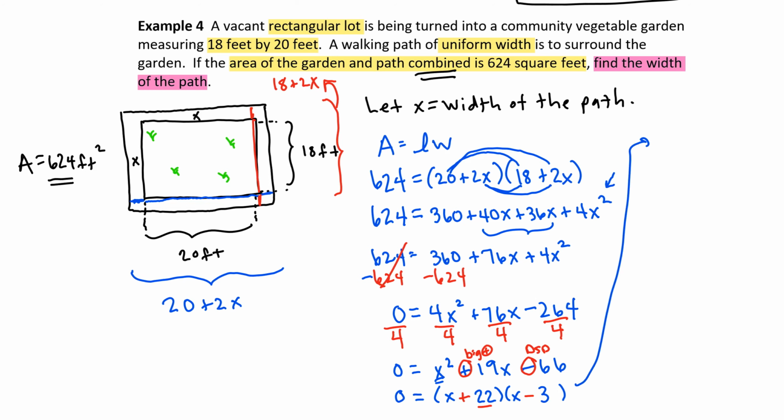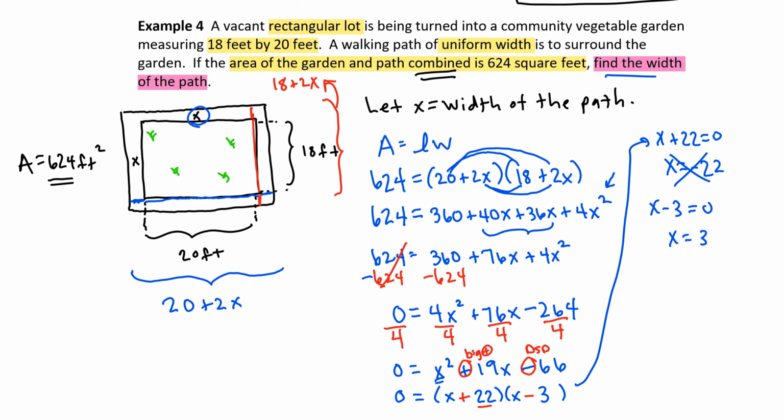Then we're going to set each of those factors equal to 0. And notice the first one gives me a negative result. A negative number is not good for modeling length or width. But the second factor, when we set it equal to 0, does give us a positive number. Remember, x was the width of the path.